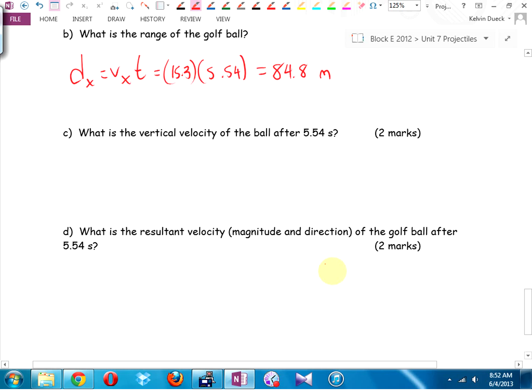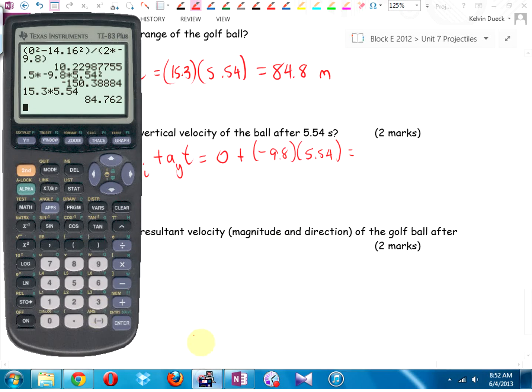What's the vertical velocity of the ball after 5.54 seconds? That's a Vy final, which is going to be Vy initial plus Ay t. That's going to be 0 plus negative 9.8 times 5.54.